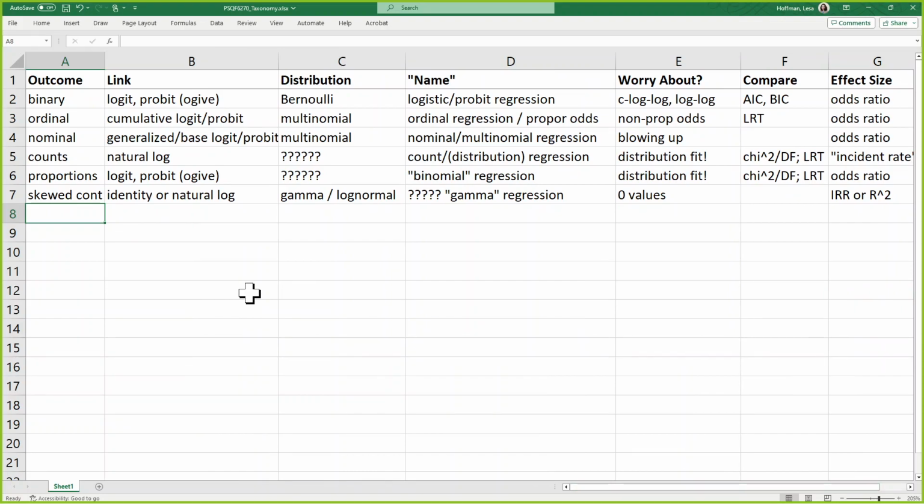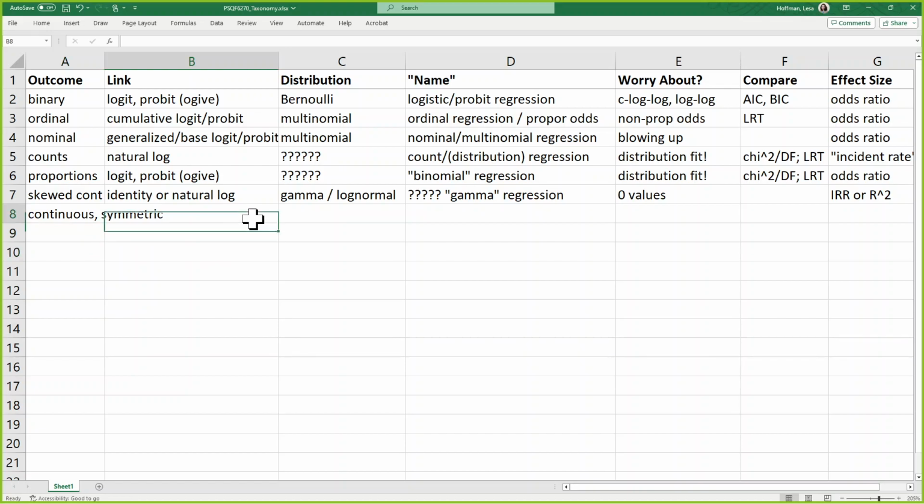Now, what am I missing from this list? What did you know how to do before you got here? Continuous, yeah, right? So continuous, I would say, and symmetric. That's the idea of normal, is that something doesn't have boundaries.